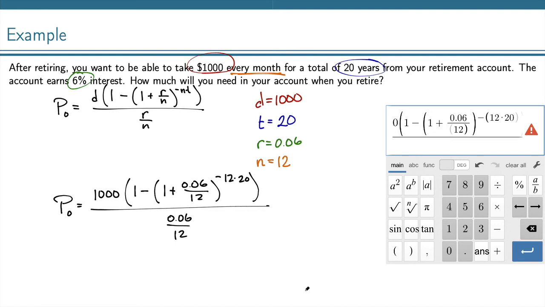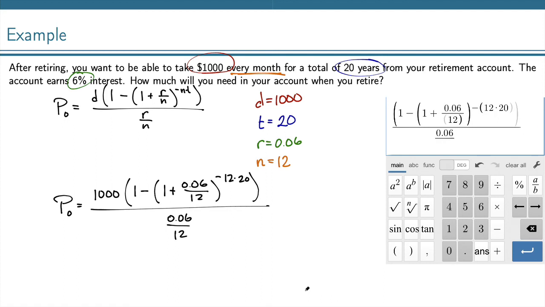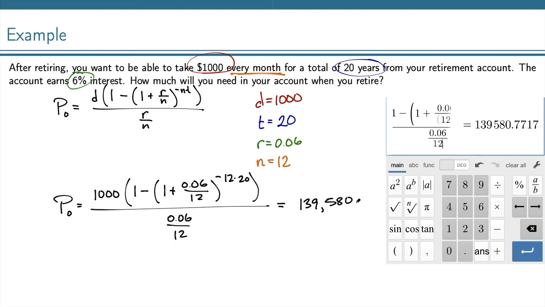And then we divide this by 0.06 over 12. All right, and we have 139,580, and rounding to the nearest cent, 77 cents. And that's the amount that we are starting with in our account.